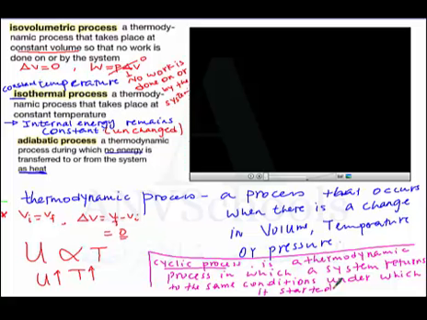So a thermodynamic process in which a system returns to the same condition under which it started is called a cyclic process.